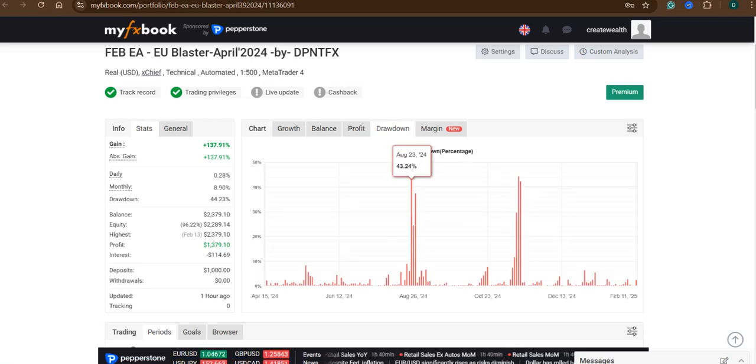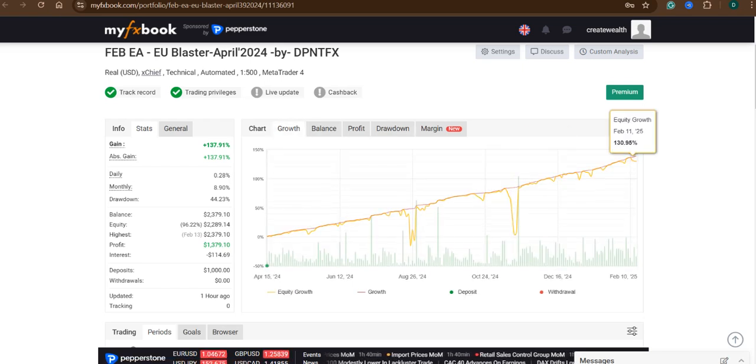Yes, this is the same thing, August and November. These are the 2 months where we got around 40% drawdown. Otherwise, in all other months, the drawdown has been less than 10%.